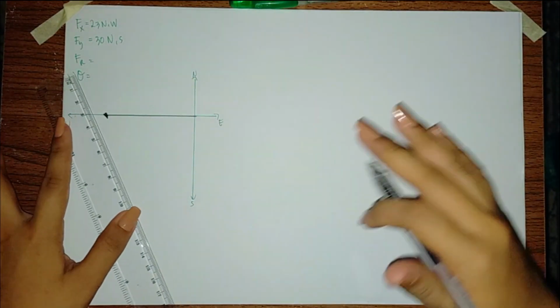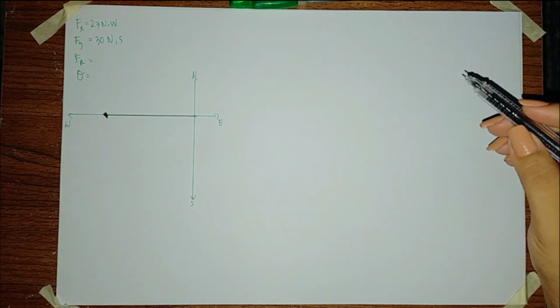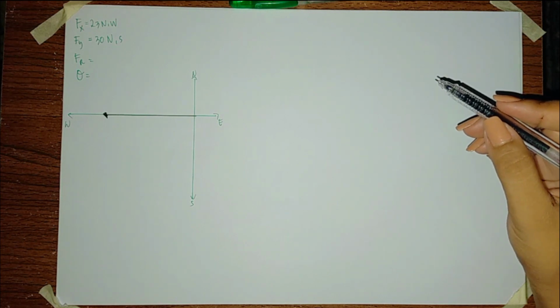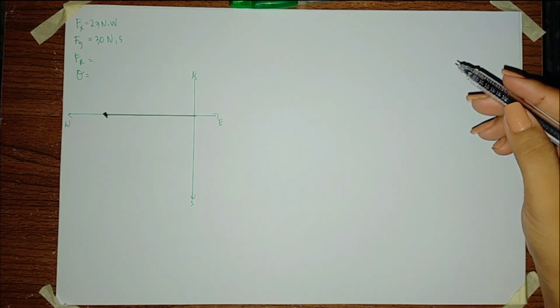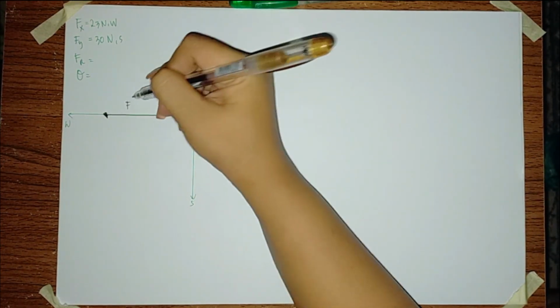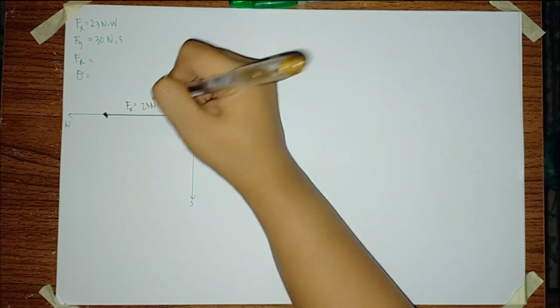Okay, next. Let us plot our second vector. Oh, by the way, sorry, I forgot to label. We need to have a label, because it is difficult if we don't know the status without a label. So, this is F sub x. This is 23 newtons.